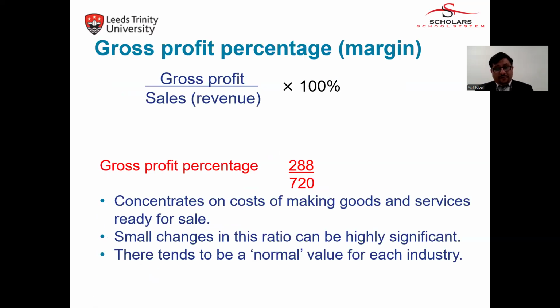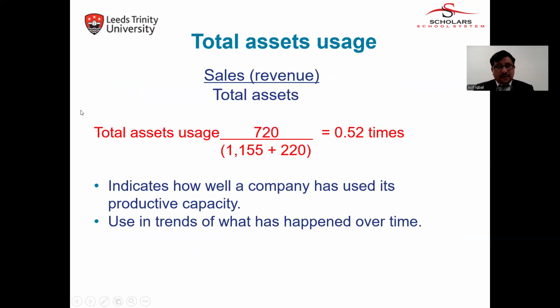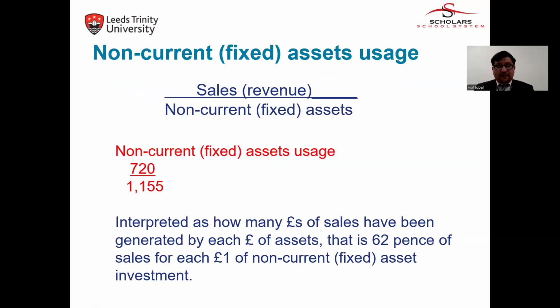Then we have the gross profit margin, gross profit divided by sales, times 100, which is mostly constrained by the cost of making goods ready for sale. Total assets turnover is sales divided by total assets, which indicates how well a company has used its productive capacity. Then we have the non-current fixed asset ratio, which is sales divided by non-current fixed assets.